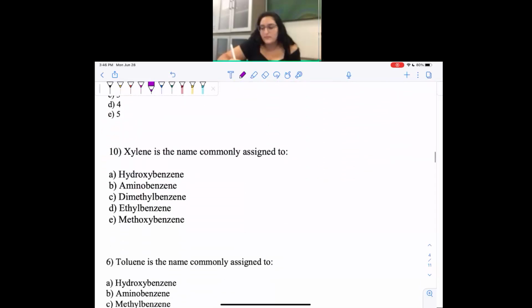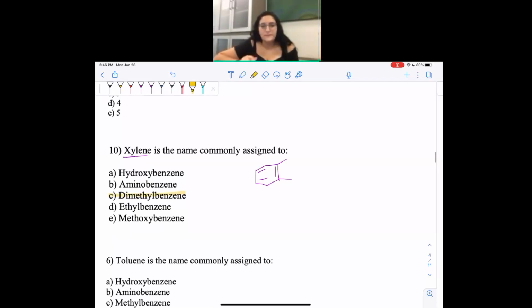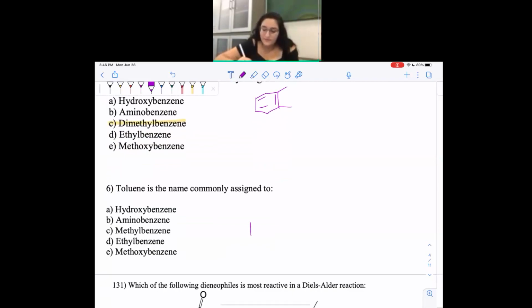Okay, so something you just have to know, xylene equals benzene with two methyls. So it's dimethylbenzene. And toluene is a benzene with one methyl.